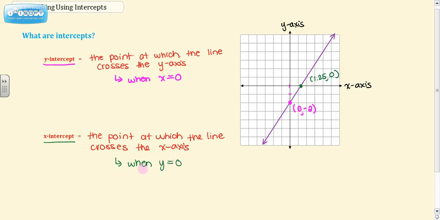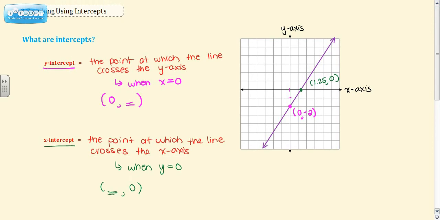And so when I ask for the x-intercept, I want you to give me a point which should have some value for x and the y value of 0. Whereas for the y-intercept, you have to give me 0 for the x and some value for the y. Does that make sense?